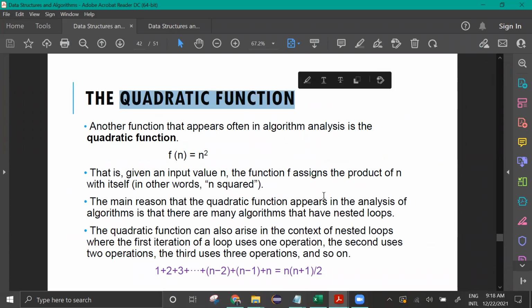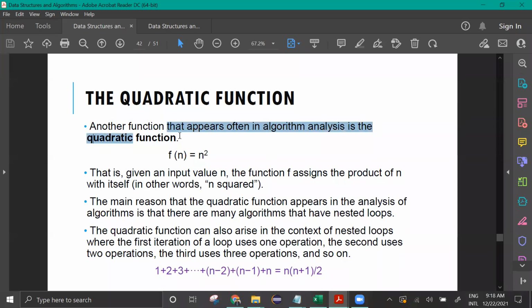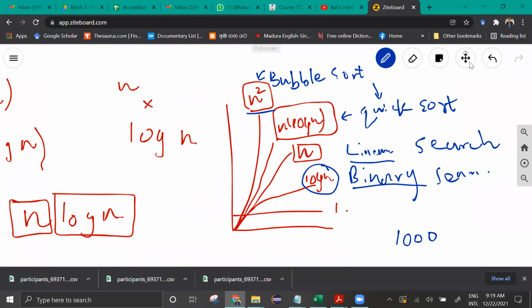So then the quadratic function. Another function that appears often in algorithm analysis is the quadratic function. So f(n) equals n squared. Right.